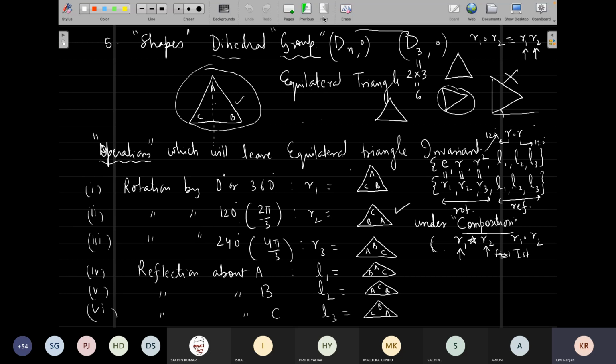So you can see the idea is that we are expanding the knowledge of this algebraic structure group and applying it in a variety of things, starting from numbers, going to matrices, going to complex numbers under multiplication, then coming to rotation in two-dimensional plane. We will find out rotation in three-dimensional space as well, and then shapes of these dihedral groups.